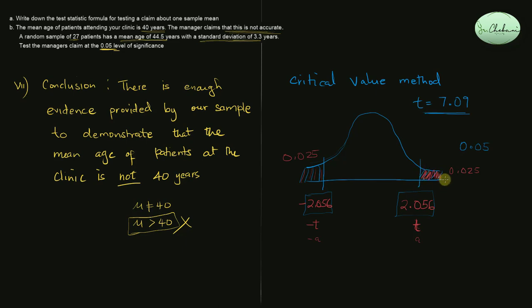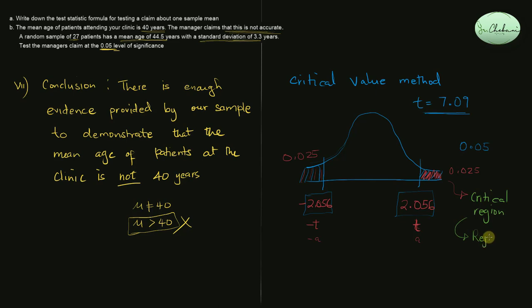Now, what this means is that beyond this critical value, this area here is called the critical region. The reason is that if our calculated t value from the sample is greater than our critical value and falls within this critical region, then we reject the null hypothesis. So this is an area of rejection.